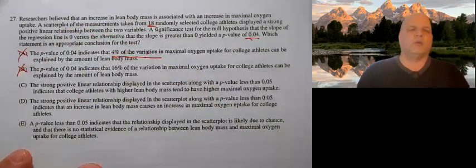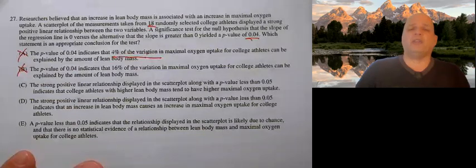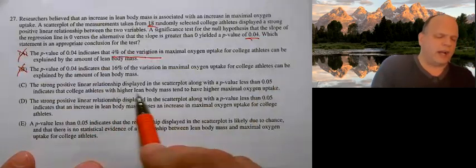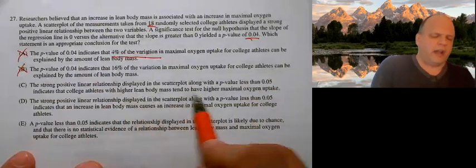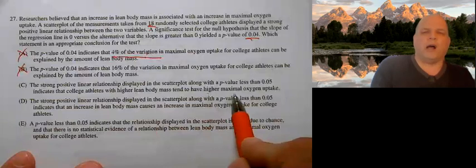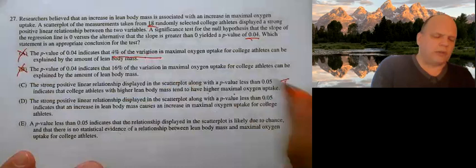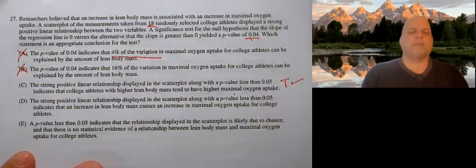Once again, at that point, we're talking about the R squared. The strong positive linear relationship displayed in the scatter plot, along with a p-value less than 0.05, indicates that college athletes with higher body mass tend to have a higher maximal oxygen uptake. That looks pretty good to me. That's a good possibility. Let's keep reading.